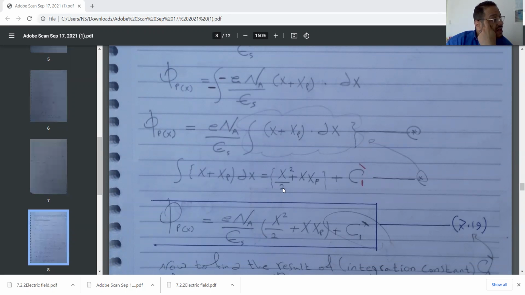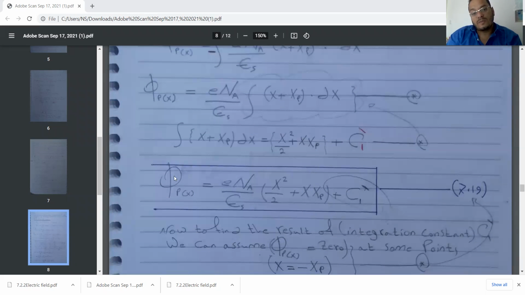I put this dash to differentiate between the others, because I use the same letter here. C1 dash will be the integration constant of this process.